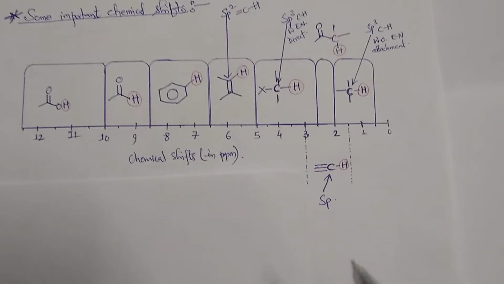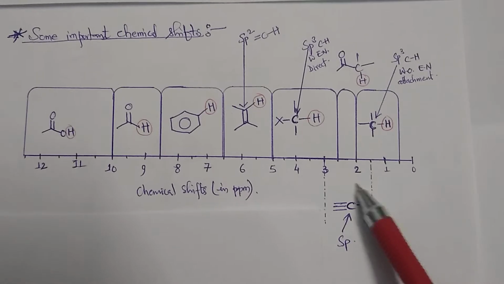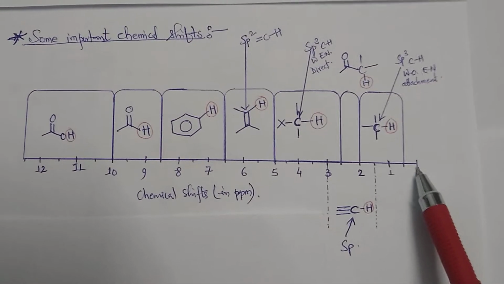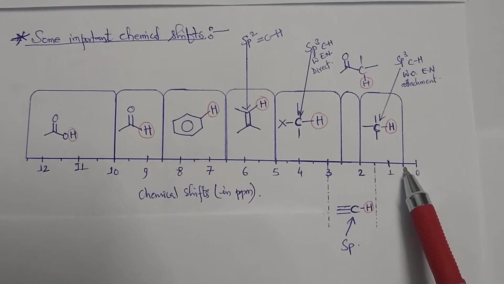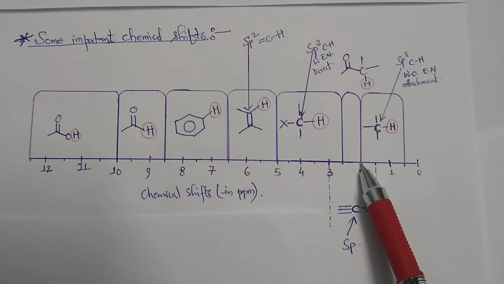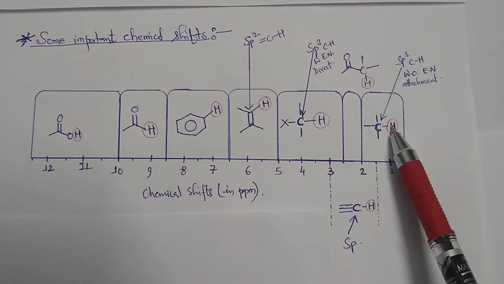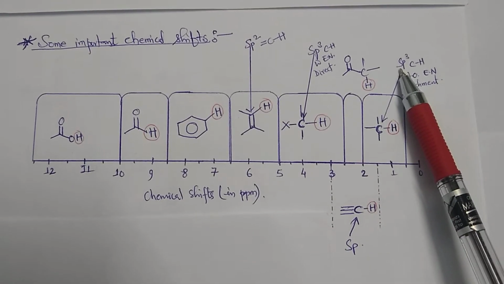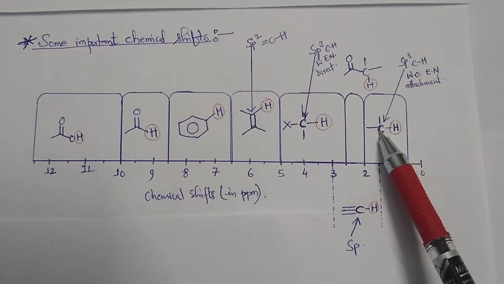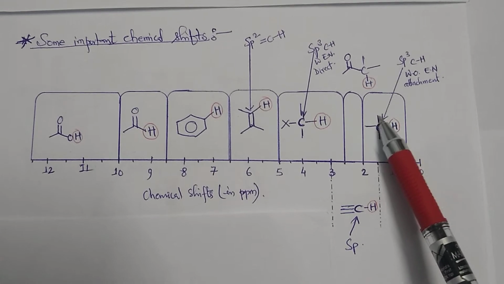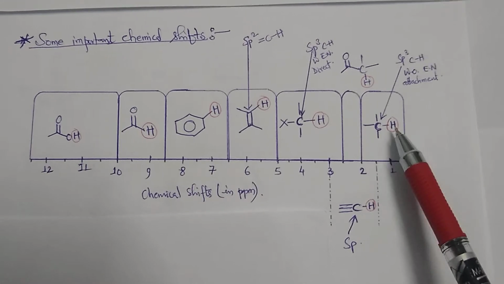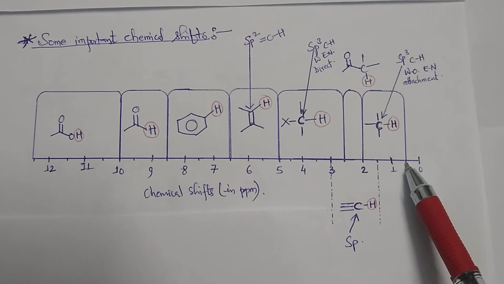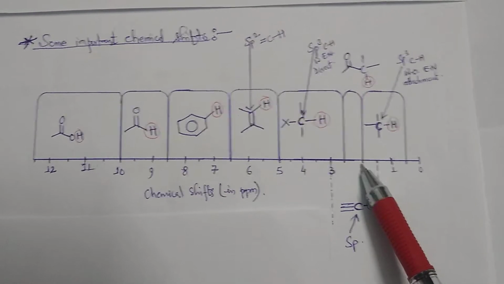Now, going through this NMR scale here, we have from 0, it is 0.5. So from 0.5 to 2, it is that proton which is attached to carbon, which is sp3 hybridized. Without any electronegative attachment to this carbon, this proton will show the chemical shift around 0.5 to 2.